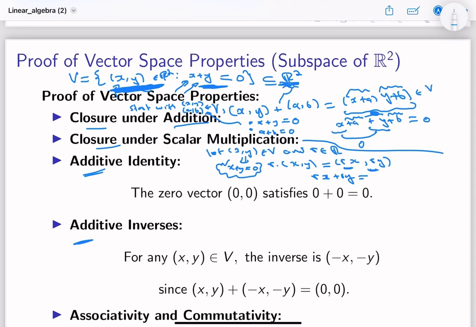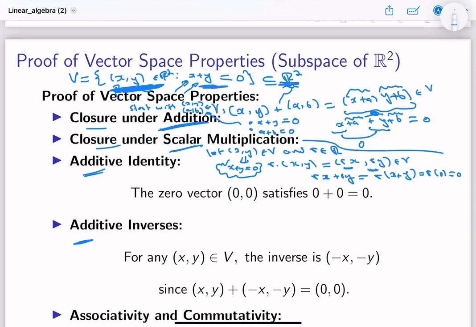But rx plus ry is r times x plus y. And this is r times 0, which is 0, which makes this whole thing in V. So we just proved that we have closure under addition and scalar multiplication.